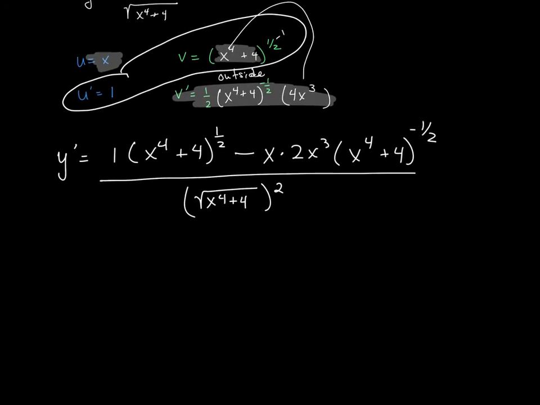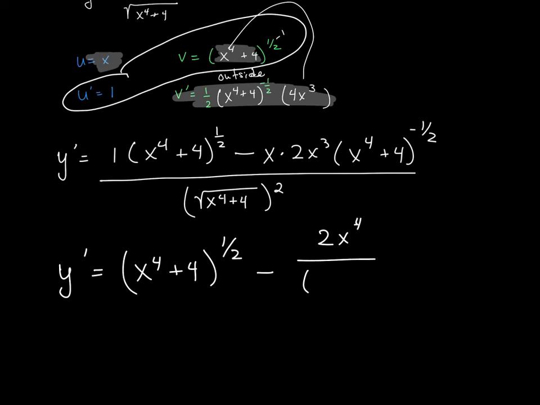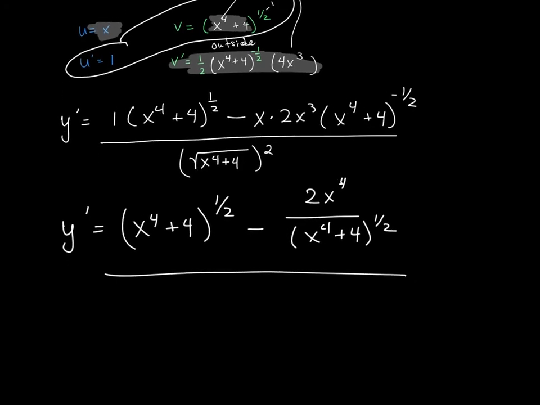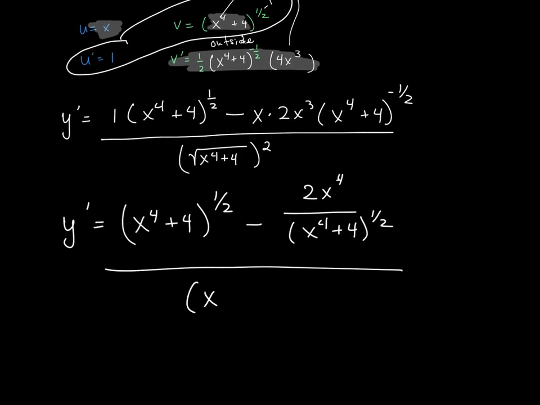And for this, we are left with y prime is equal to x to the 4th plus 4 to the 1/2 power minus 2x to the 4th, all over x to the 4th plus 4 to the 1/2 power, and that is all over x to the 4th plus 4.